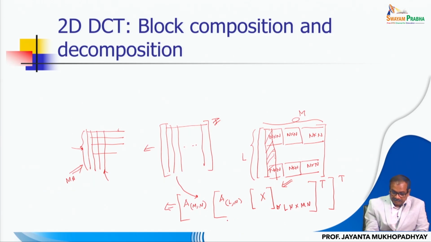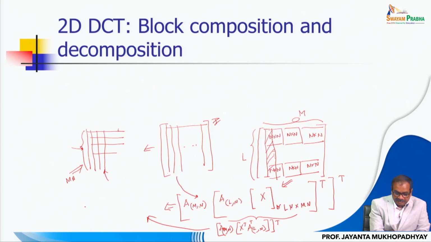First I am converting this one, which is X transpose A_Ln transpose, and then you are multiplying with Mn and performing transpose, which will be, as you know, the transposition order gets reversed.